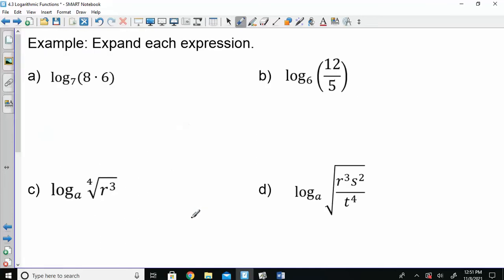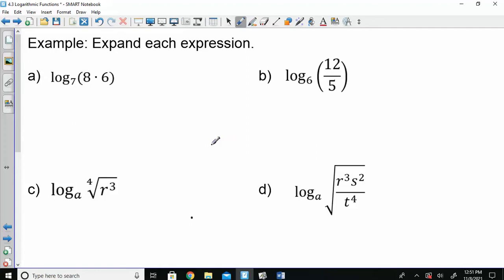Last thing I want to do today is kind of setting this up for tomorrow. We're going to practice using these properties, the product, quotient, and power properties. So tomorrow we're going to work a lot more with expanding and condensing things.